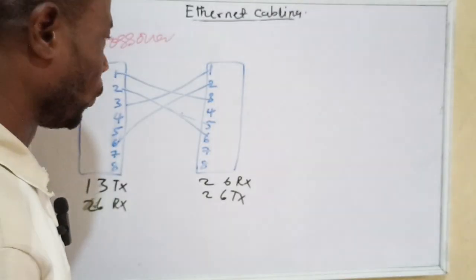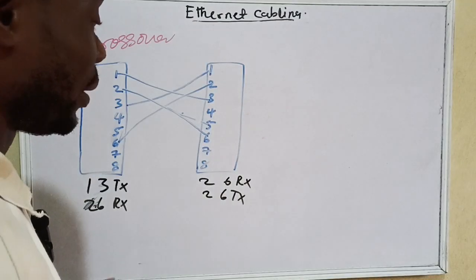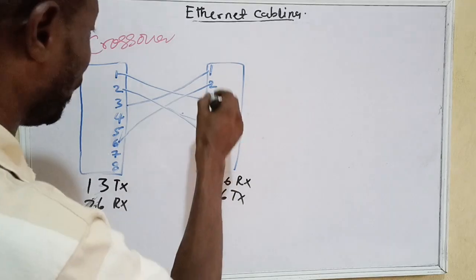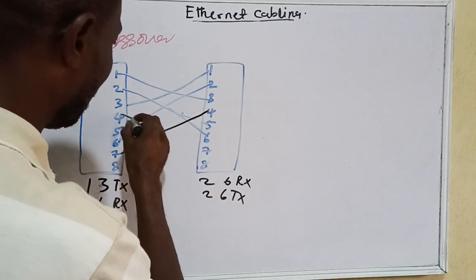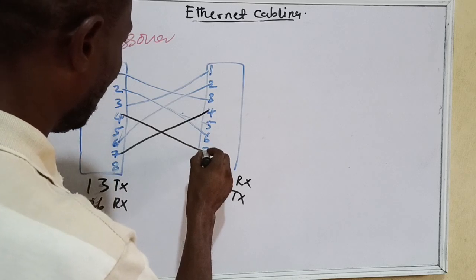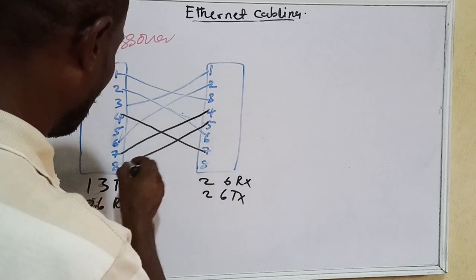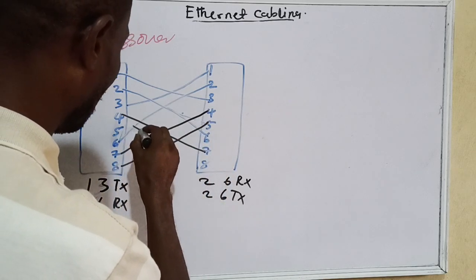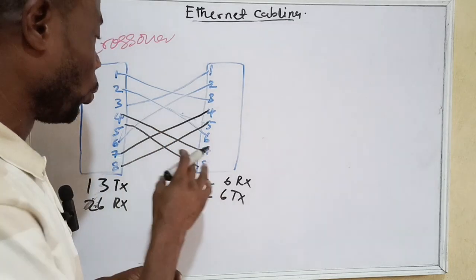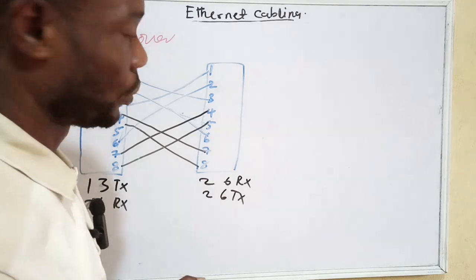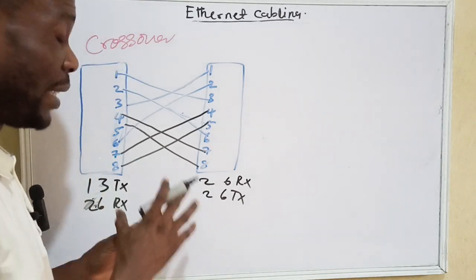Okay, so in gigabit Ethernet it's like this: 4 to 7, 4 to 7 here. Okay, 5 to 8, and 5 to 8 here. In gigabit, 2 pairs of wires are used, that is 8 wires.